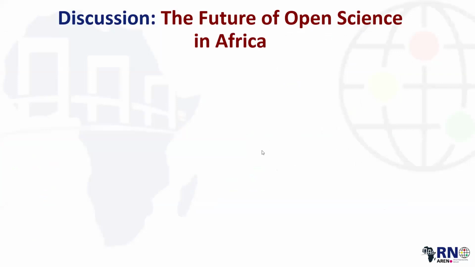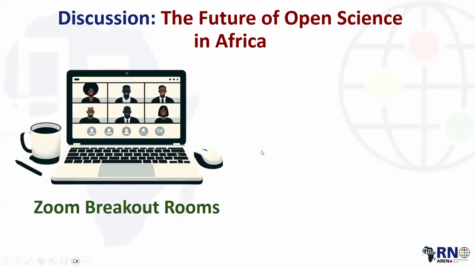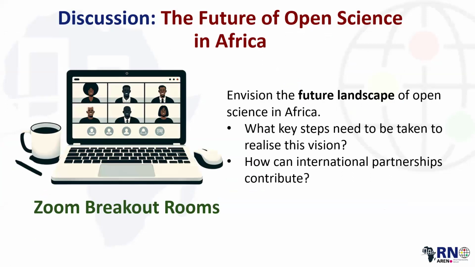We will divide you into breakout rooms, and we would like you to discuss envisioning the future landscape of open science in Africa, what key steps are needed to realize this vision, and how international partners can contribute.